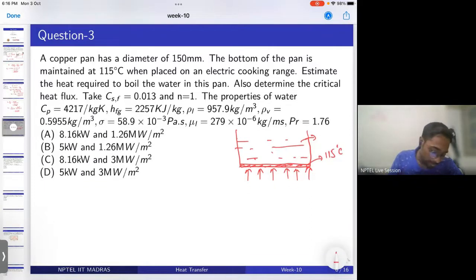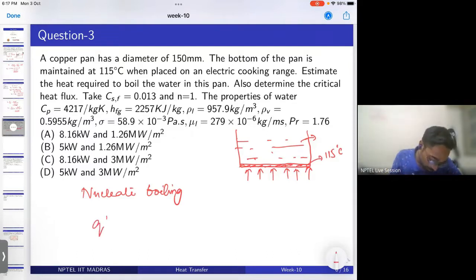So first we are focusing on nucleate boiling. We are not going to film boiling, just nucleate boiling. The famous correlation for nucleate boiling is known as Rohsenow's correlation. So we will use Rohsenow's correlation to find out the heat flux required to boil the water.